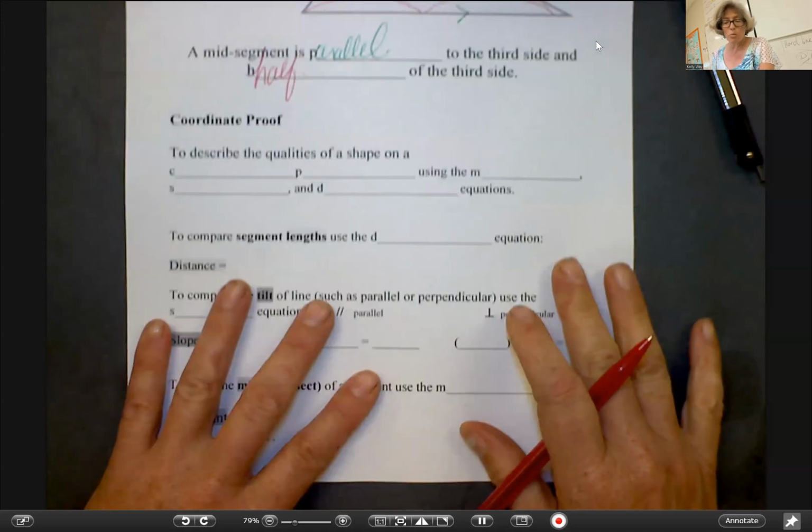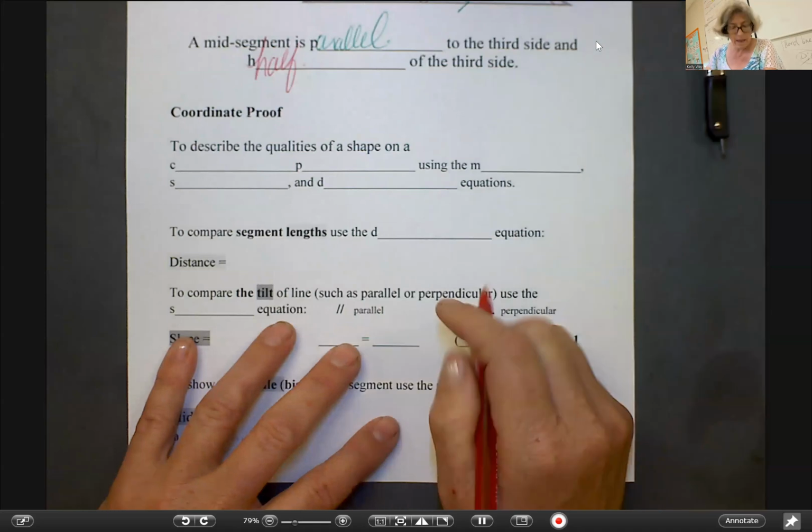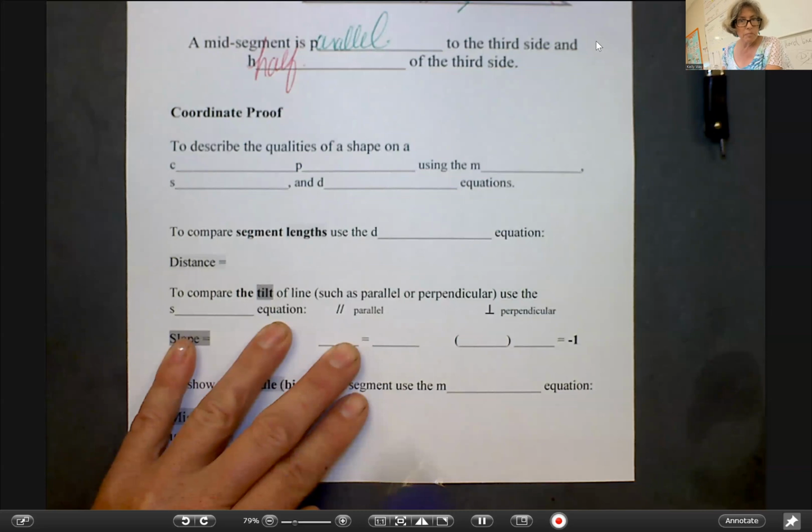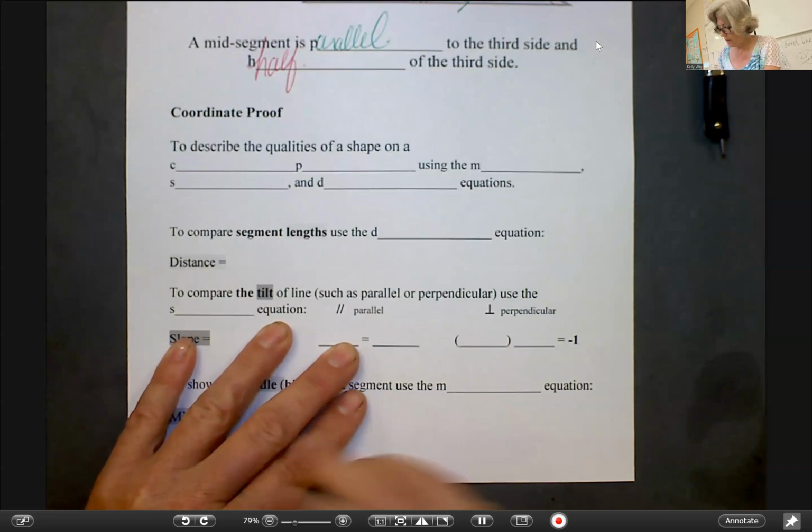Now for 3.4, we were talking about math has meaning. Math has meaning on a coordinate plane.